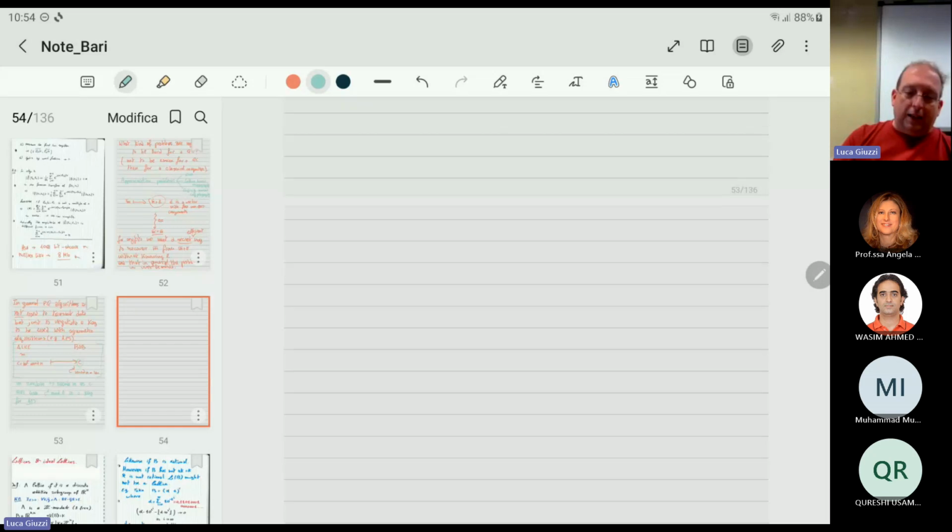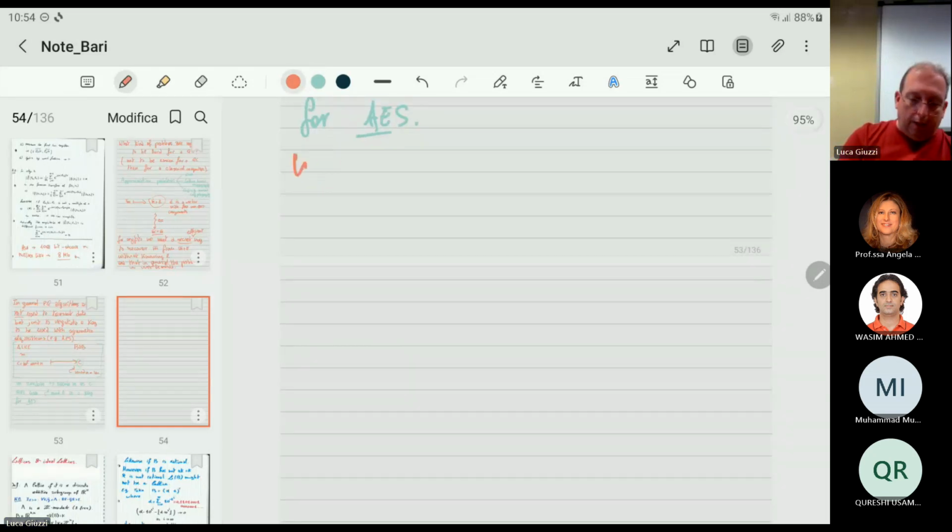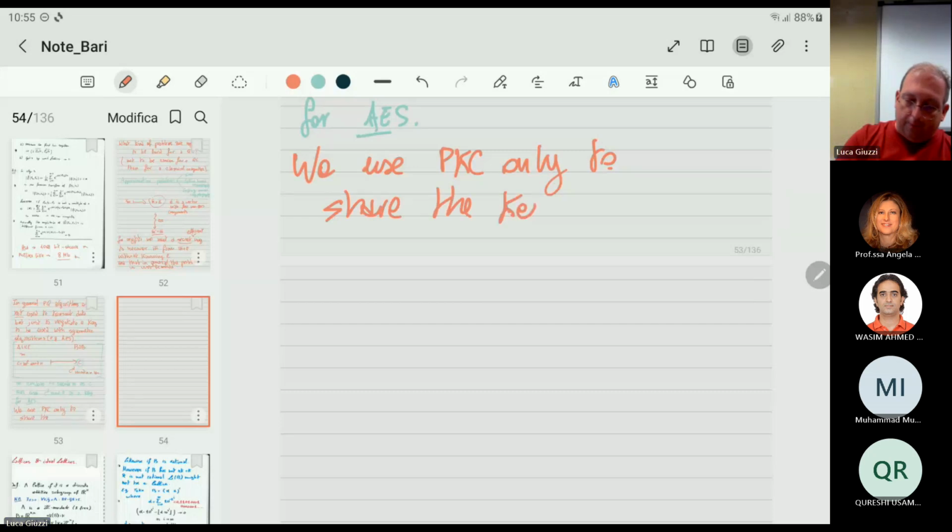So the idea is that we use public key cryptography to negotiate keys only, properly, only to share the keys between Alice and Bob.